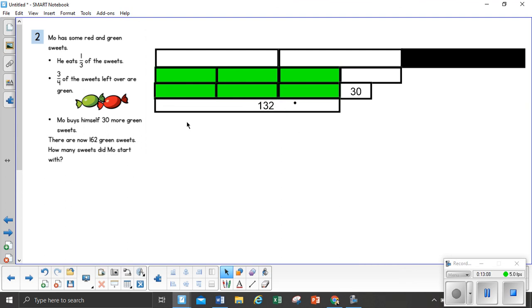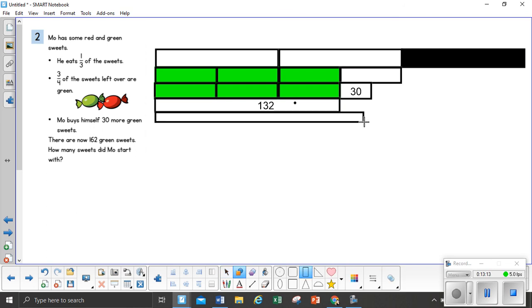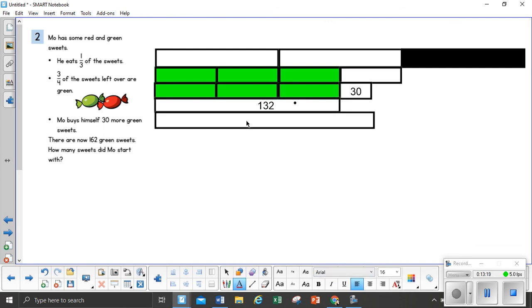Okay, because the whole bit was 162. If I get rid of the 30, I'm left with this bit here, which is now 132.